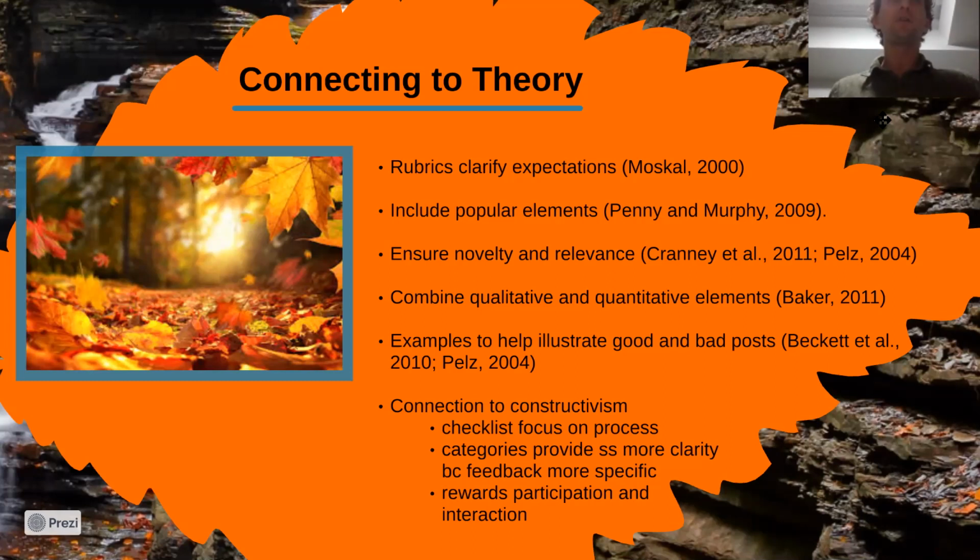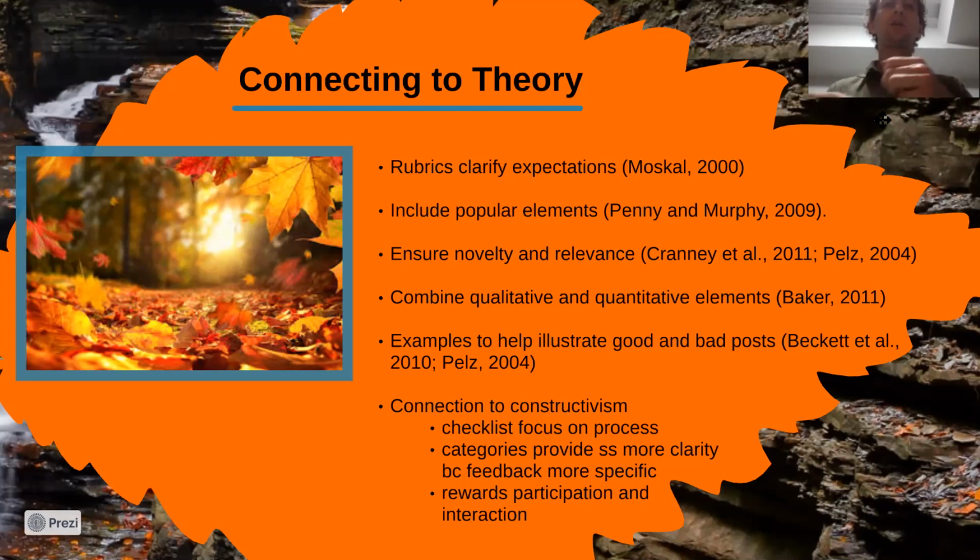So you can see back when Heather showed you our rubric, we've incorporated elements from those ideas, but we've also taken ideas from Craney et al. and Pell's, things related to novelty and relevance, making sure that the posts are both new but connected to the topic, and taking into account both qualitative and quantitative elements. So describing what we expect students to do, but also outlining how many times we expect them to do it.